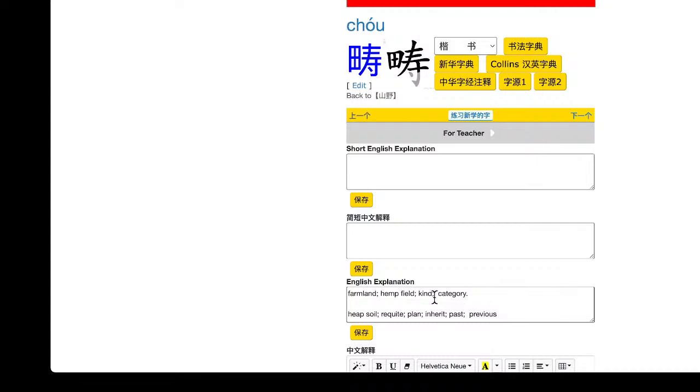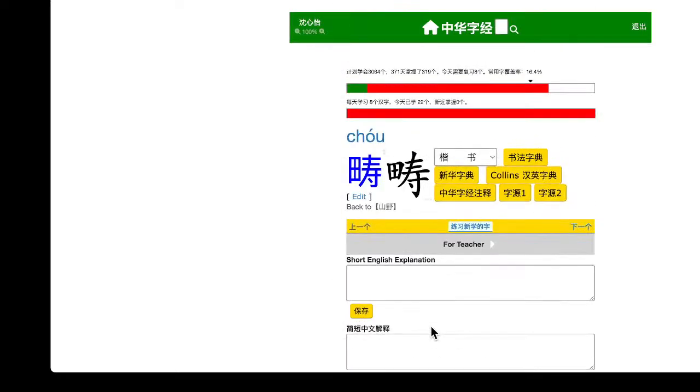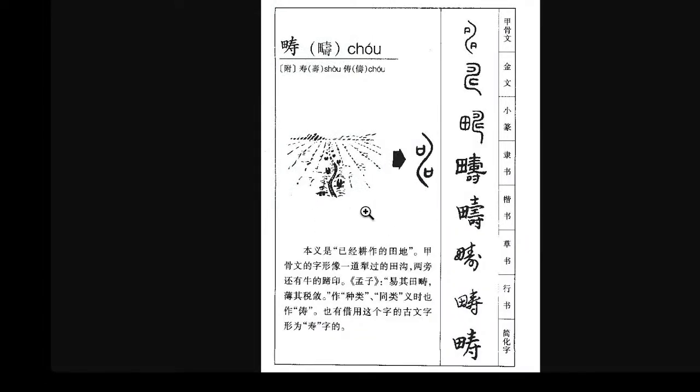So this kind of 畴 also means plan, inherit. It's called a 畴. So let's take a look at that. This one means the land that has been cultivated, called 畴.